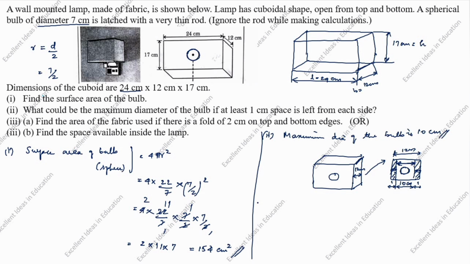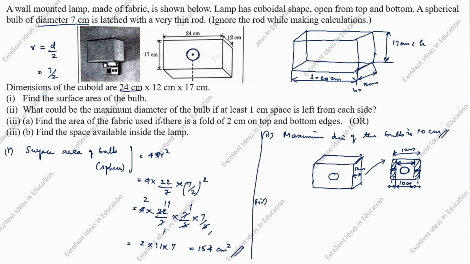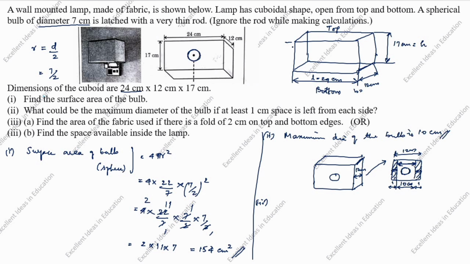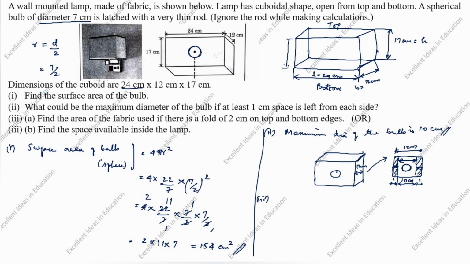Third question. Find the area of the fabric used if there is a fold of 2 centimeter on top and bottom edges. Which one is top? This is top. This is bottom. You see the height. Height is 17 centimeter.